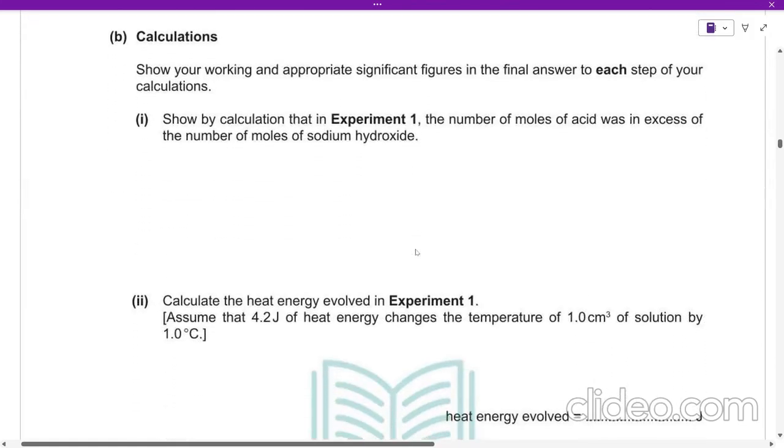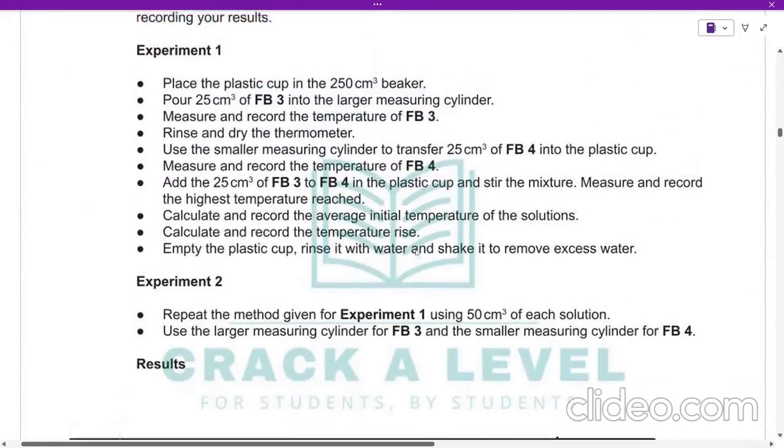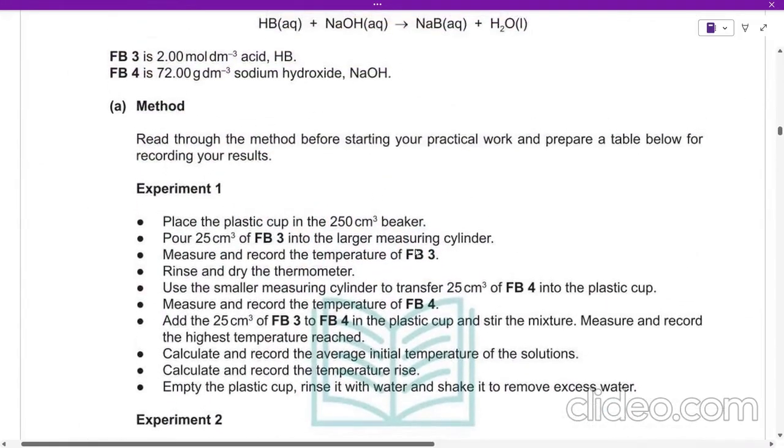Show your working and appropriate significant figures in the final answer to each step of your calculations. So show by calculation that in experiment 1 the number of moles of acid was in excess of the number of moles of sodium hydroxide. So now how are we going to be doing this? Let's just see. It was 2 mol per dm cube of the acid, and we were using 25 cm cube.